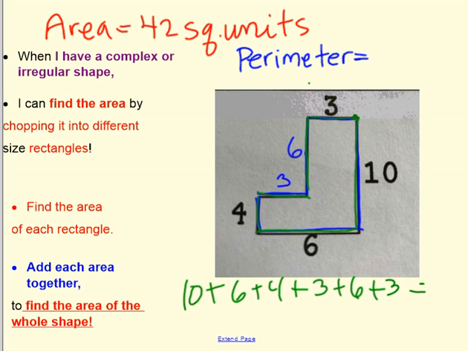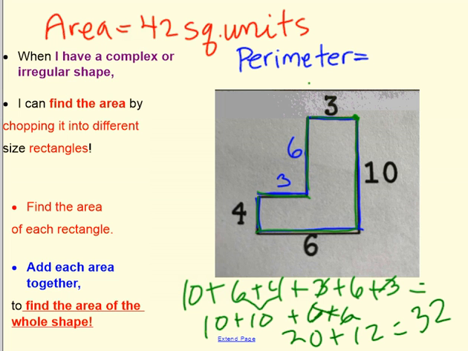So then they can look at their equation and put parts together that make adding quicker. 6 and 4, that's a 10, and then 3 and 3 is 6, and that's 6 plus 6. So that's 10 and 10 is 20, and then 20 plus 6 and 6, which is 12, equals 32.